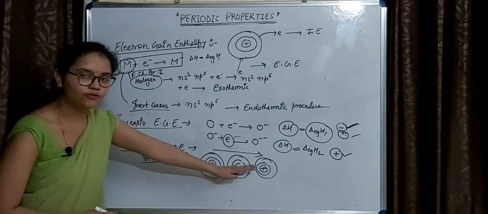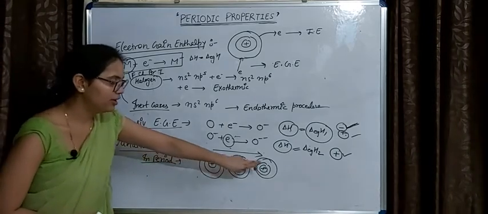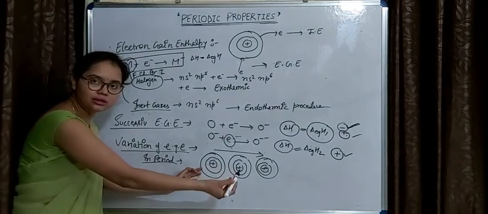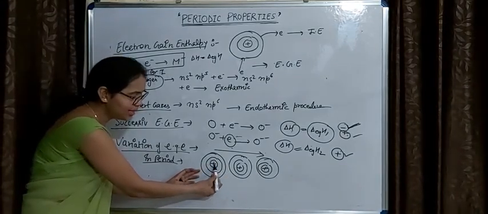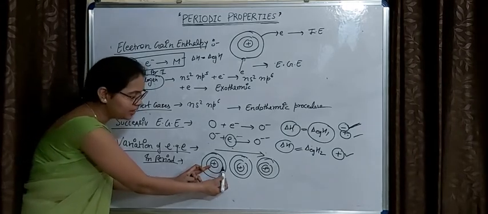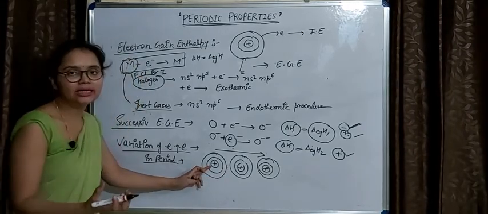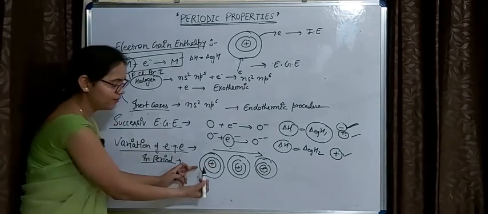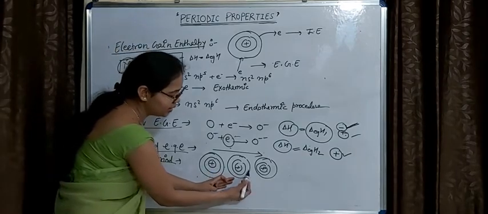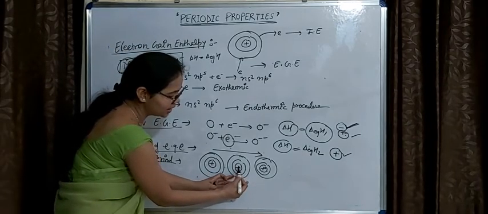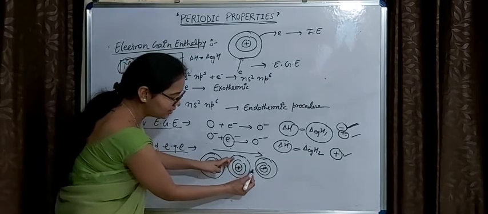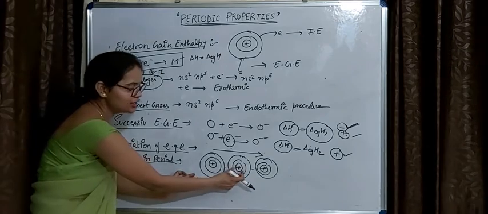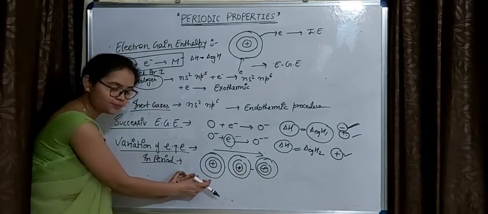When we move from left to right, the number of orbits will remain the same and the nuclear charge will increase. As the nuclear charge is increasing but the number of orbits is constant, it will be easy to accept the electron, because when we move from this atom to this atom, because of the large nuclear charge it will hold the new electron more strongly, because it has more nuclear charge than the first.